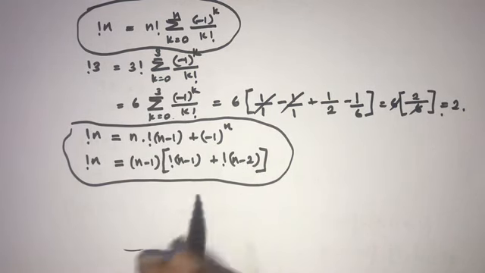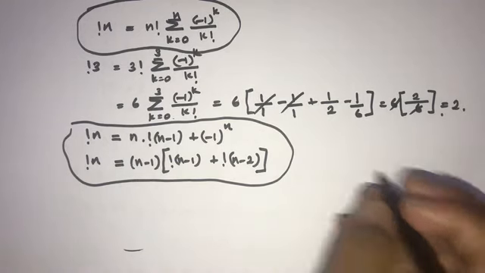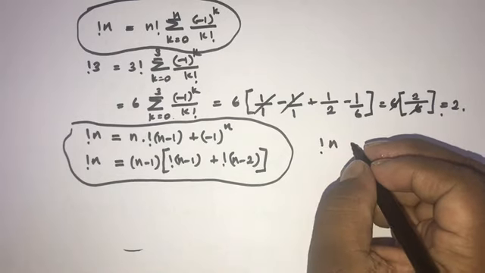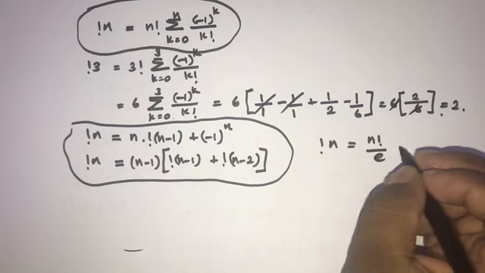Next, there are more formulas about subfactorials. Another formula: n subfactorial is equal to n factorial over e, rounded.